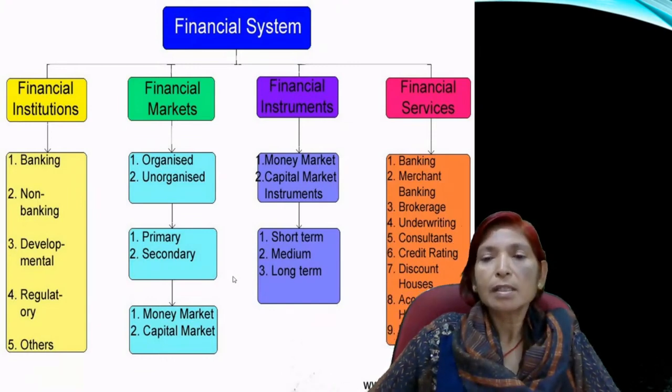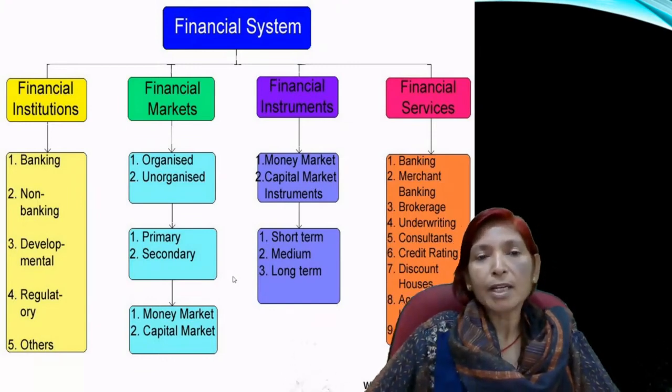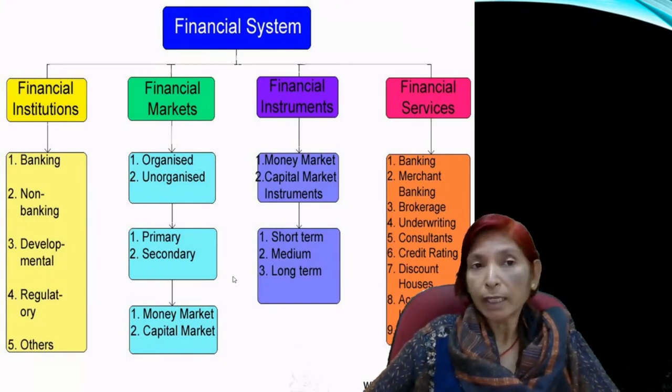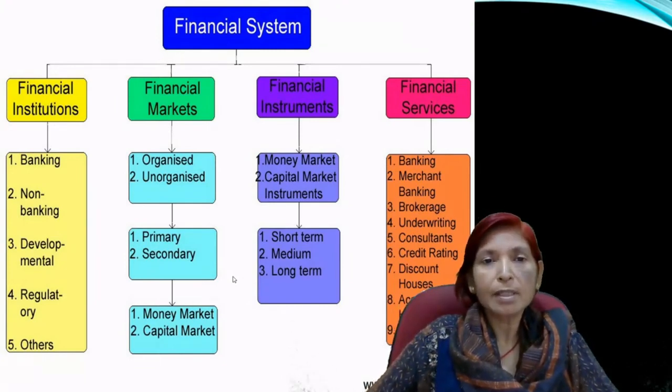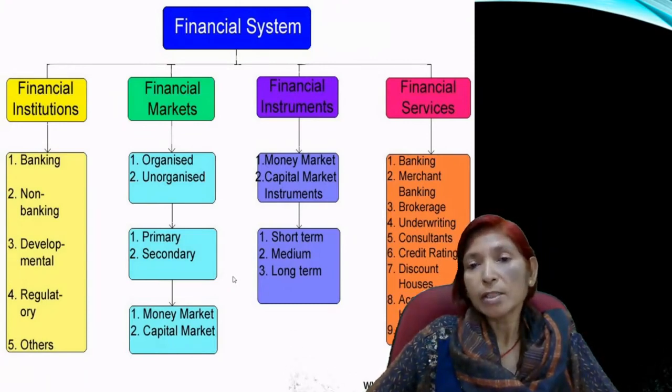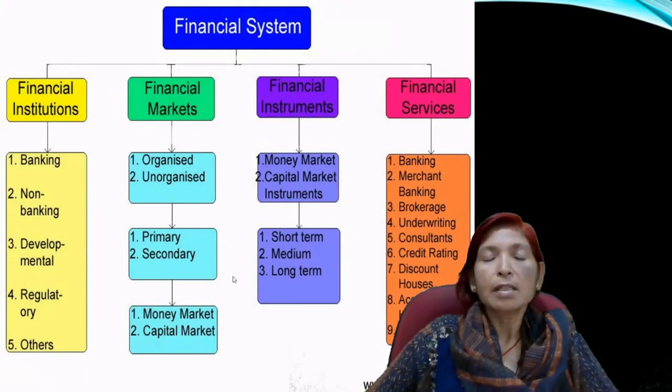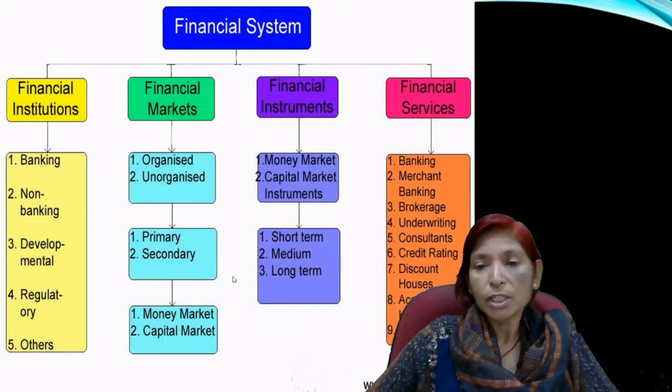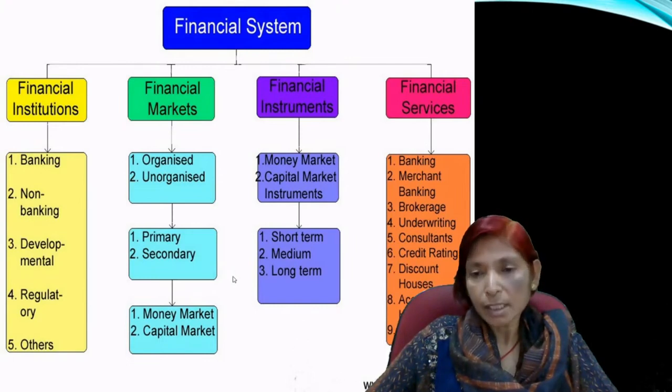Financial services: who provides financial services? You know that the banking system provides financial services, merchant banking also provides financial services, and brokers or brokerage, who take commission for providing these financial services.